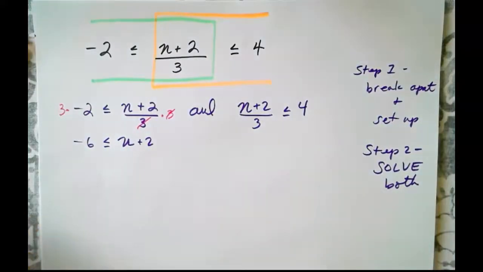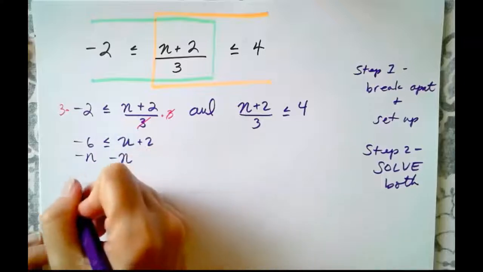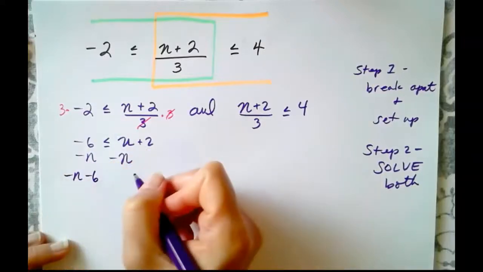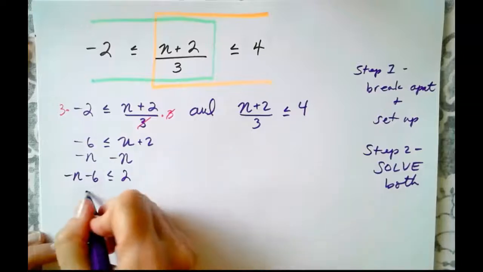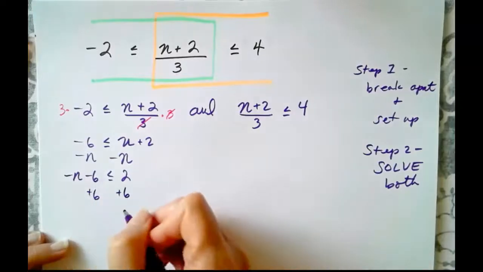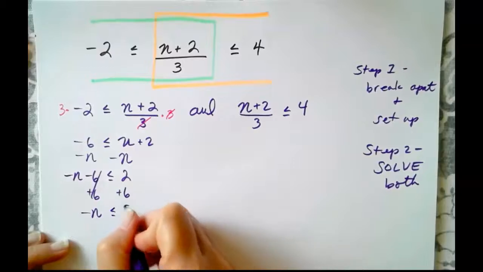Remember, when we're solving, we like our variable, in this case it's n, on the left-hand side. So I'm going to subtract n from both sides and get negative n minus 6 is less than or equal to 2 plus 6, plus 6. Negative n is less than or equal to 8.